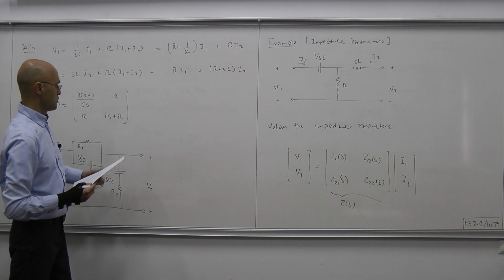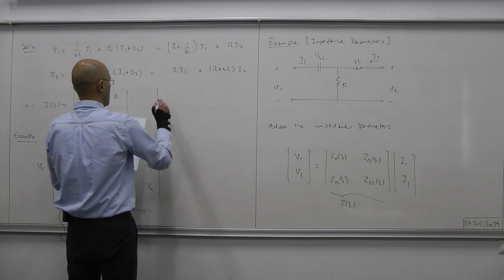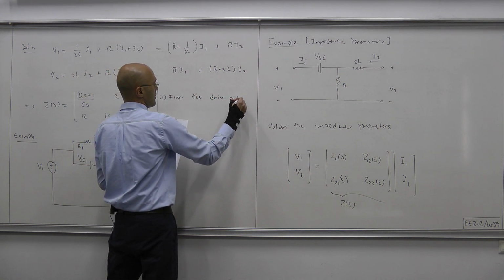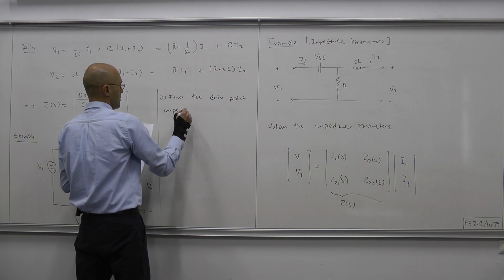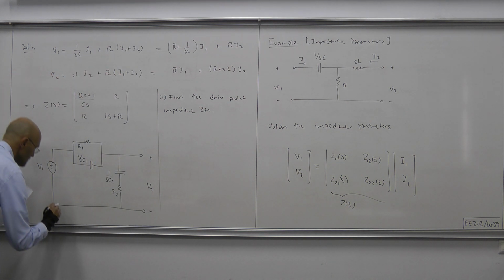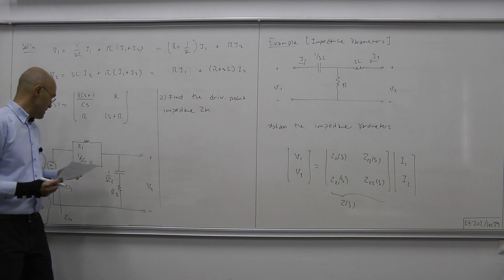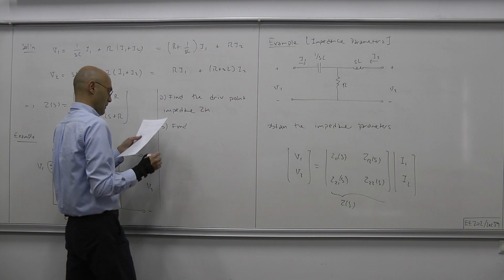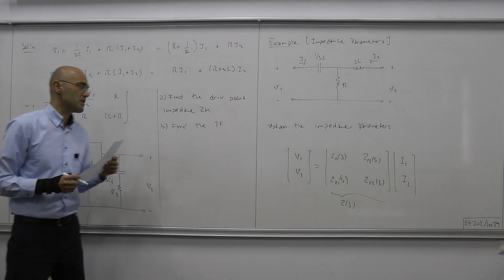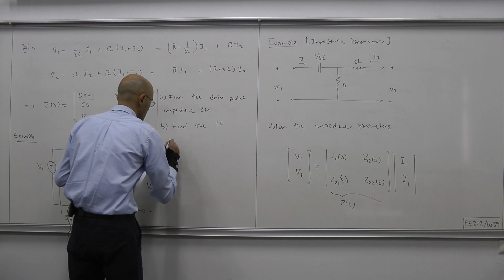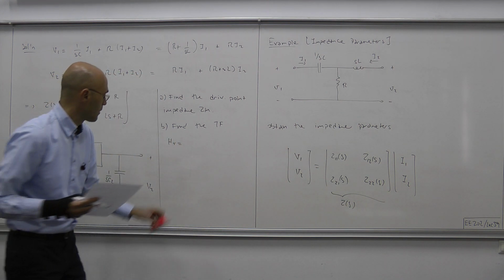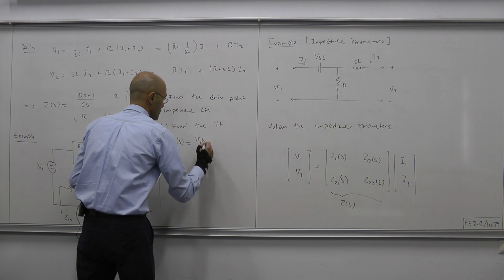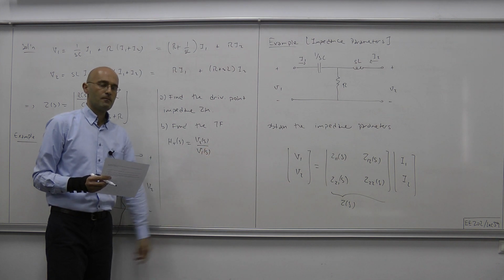Now for this circuit, we are asked to find the driving point impedance Z in, that's the impedance seen by the input, seen by this voltage source. And B, find the voltage transfer function, HV of S equals V2 of S over V1 of S, so output over input.